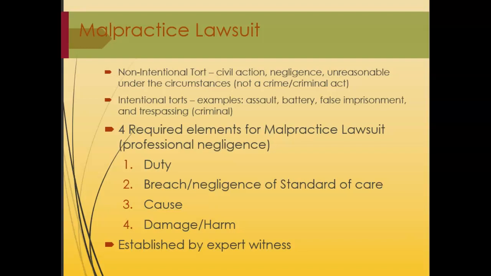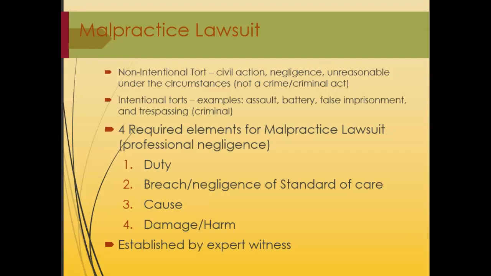Is there evidence in the medical records, in the testimony of the patient, the family, or other experts that really concludes that there was definitely a duty? I wasn't just there on the day that this happened, but I was assigned to the patient, or I was the charge nurse for the whole floor, or I came in and took responsibility for this patient during lunch. Did I actually have a duty?